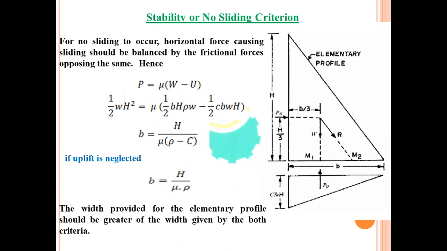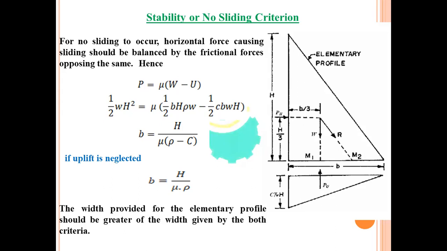Next design, base width design based on the no sliding criterion. For no sliding to occur, the horizontal force causing sliding should be balanced by the frictional forces opposing it. So for no sliding, horizontal forces are balanced with the frictional forces.